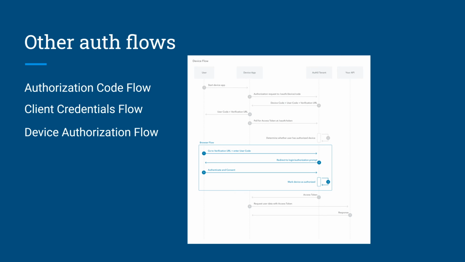Then another flow that you probably have used a lot this year, just because of how 2020 has been, is the device flow. All of those IoT devices, your smartwatch, your Ring doorbell cameras, your thermostat adjusters that you have on your phone, pretty much everything that you can control via an app will fall under this authorization flow.